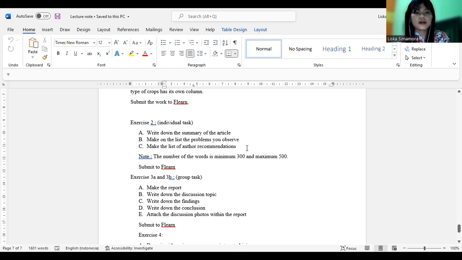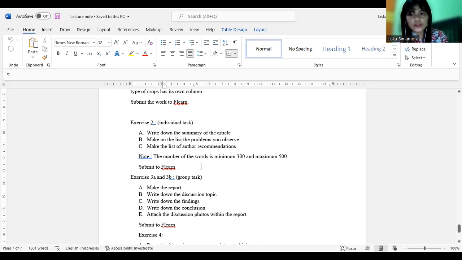When you understand scientific articles, you can go to scientific journals and download one article, and then you decide that the article has to discuss the problem in horticulture crops.